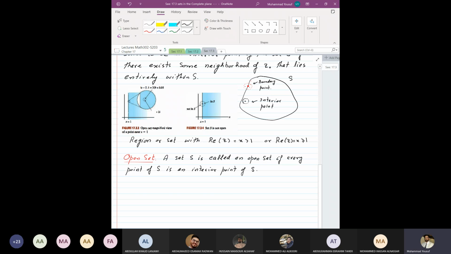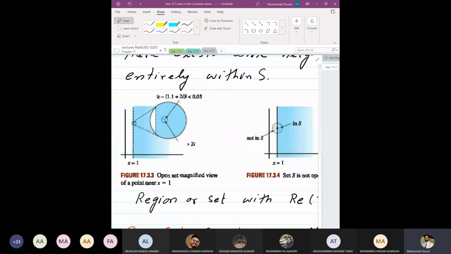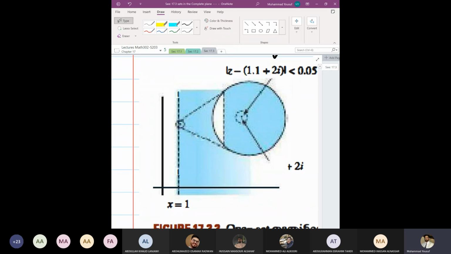Then, like here, let me show you this figure 17.3.1 in very large. This point is taken very, very close to the boundary, but still we could find a very small neighborhood here.